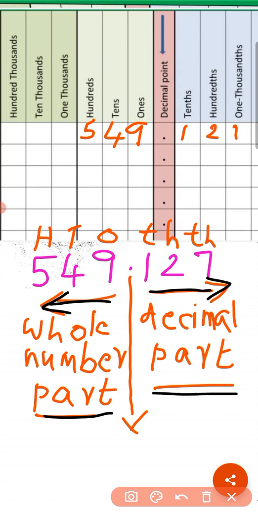Now let us place the digits at the decimal part. When we move to the right side, we will get tenths place first, second place hundredths, third place thousandths. Thousandths, both are same, children.